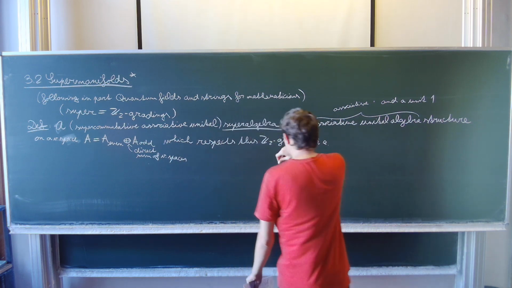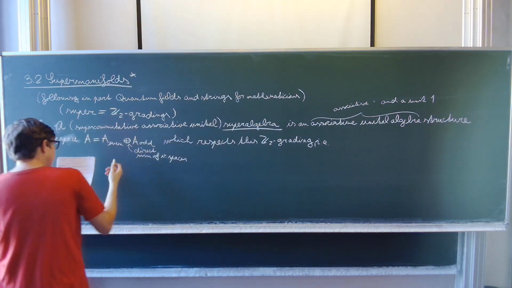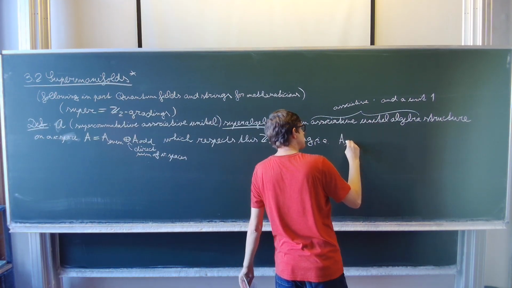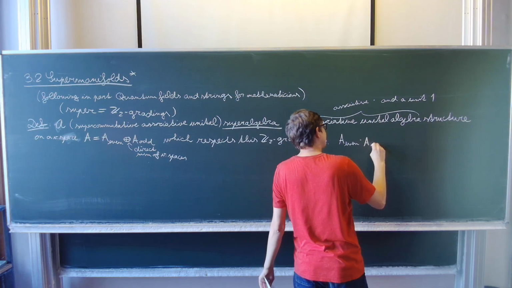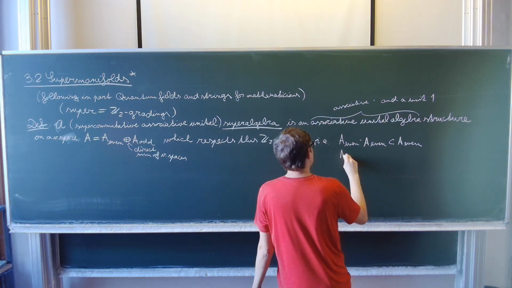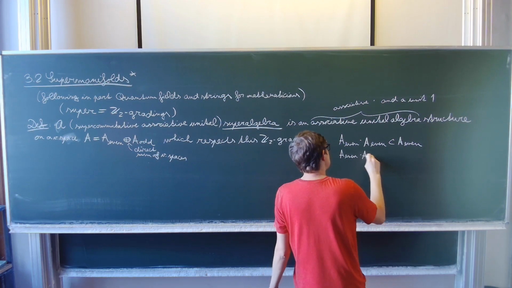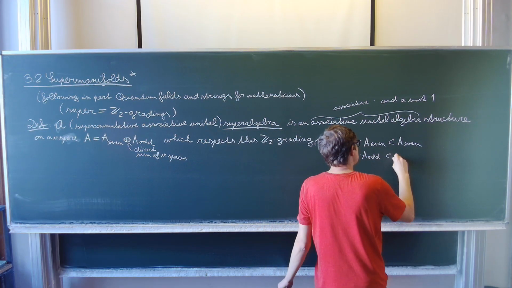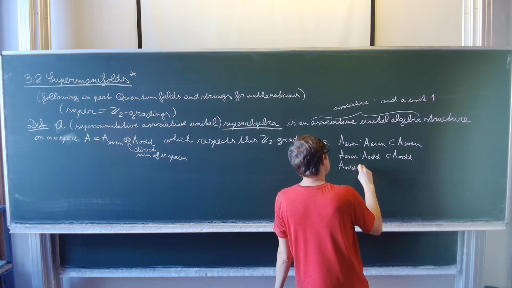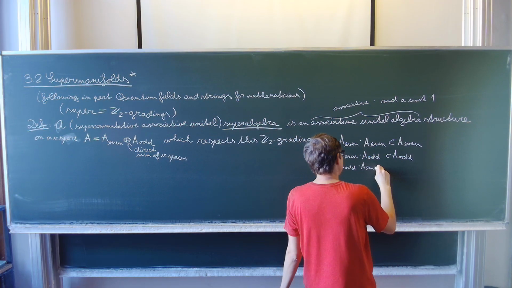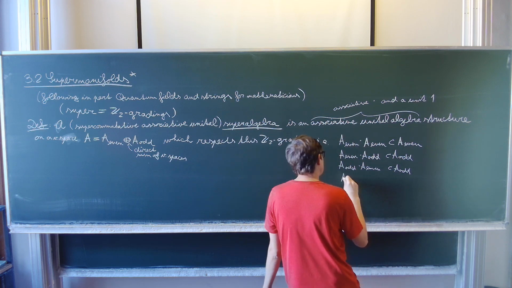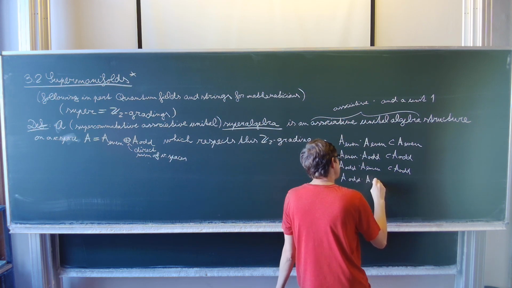In other words, if I take something that's even times something that's even, I want the result to be even. If I have something even and something odd, then I multiply them, I want this to be odd. The other way around, odd times even is odd. Okay, and two odd things are even, just like numbers.